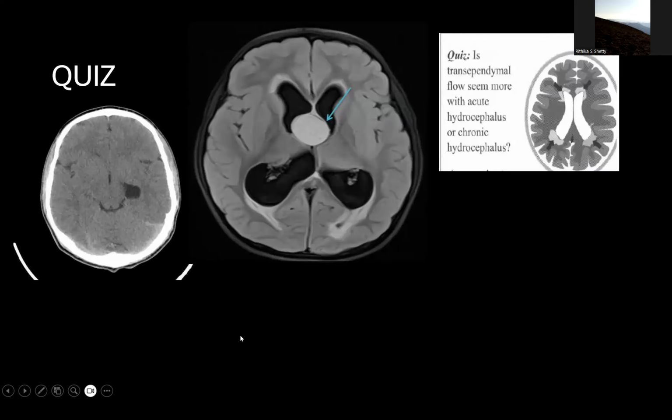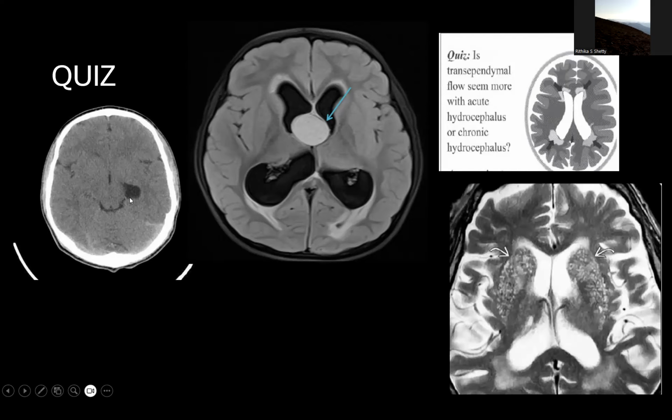Okay, now coming to quiz. Yeah, so this is a case of choroid fissure cyst. As I told, spindle shape. The most important is the location, which is a variant of arachnoid cyst only. This is colloid cyst, which is causing the obstruction, hydrocephalus.